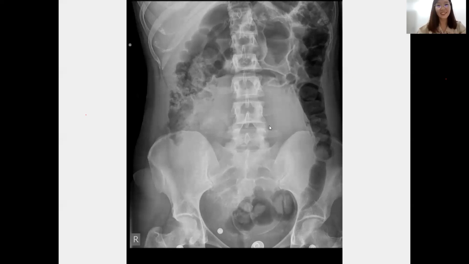Yeah, it happens. So always remember when we request an X-ray, ask the LMP. Must always ask the LMP. If there's no LMP, must always check the UPT. I don't care how old the girl is. Really, they won't tell the truth sometimes. Sometimes they will say, oh, my period is not regular, then we don't ask further.